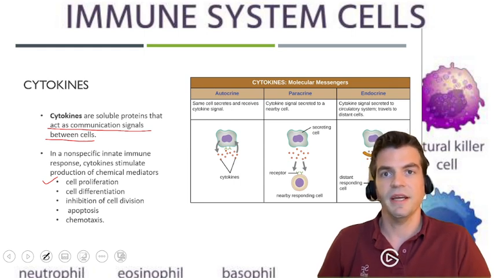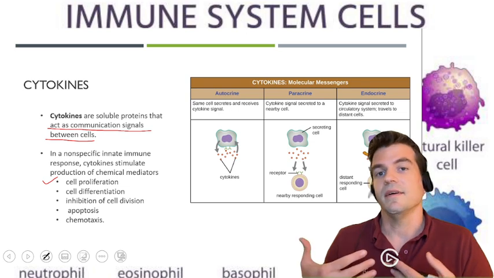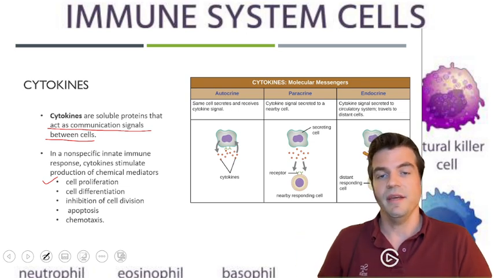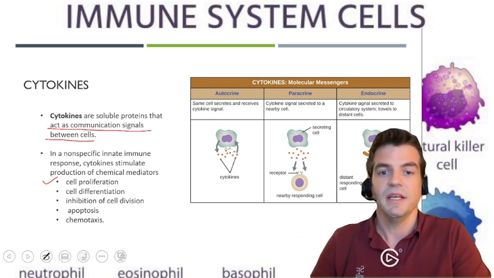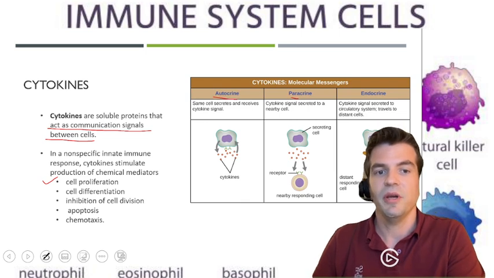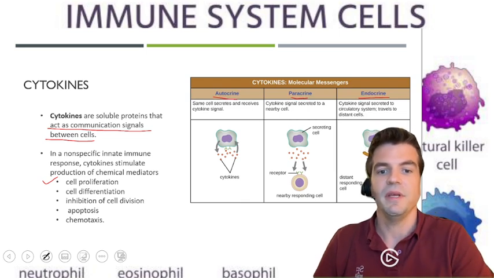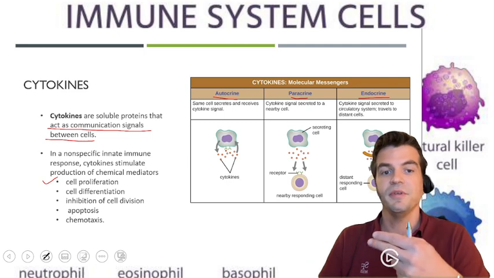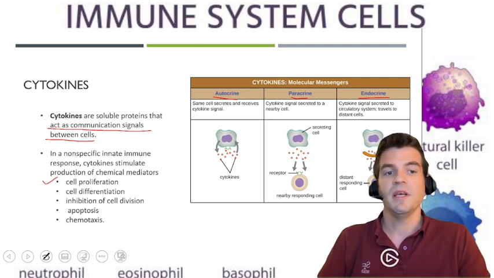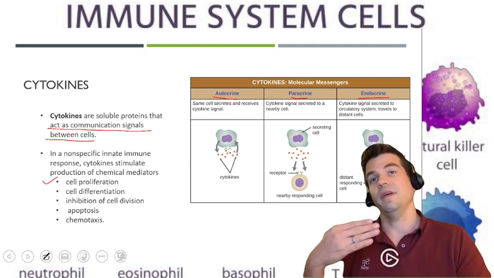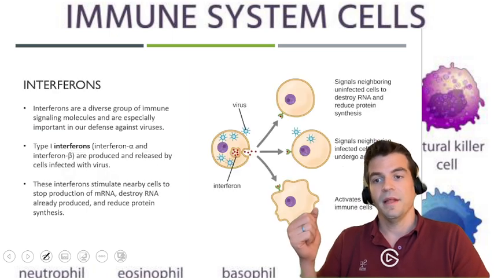Okay, so cytokines are like the messengers of our innate immunity. Okay, they are chemical mediators, and you can do it autocrine style, paracrine style, or endocrine style, meaning you can either signal yourself, you can signal someone nearby, or you can signal someone far away, like the endocrine system does.